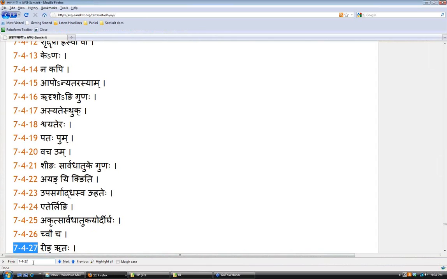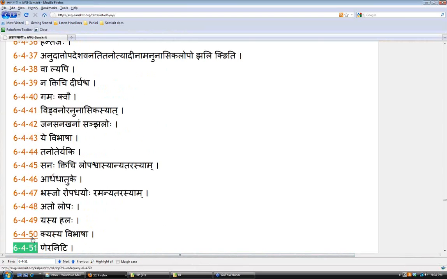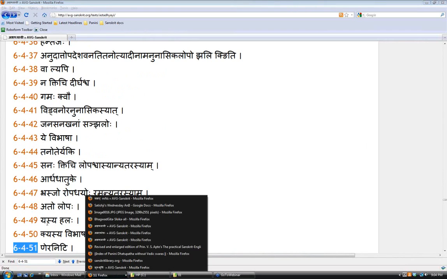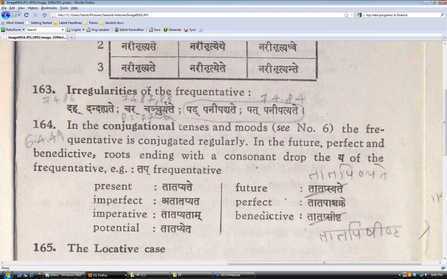Let me see, 6.4, section of Ardha Dhatu. Okay, Yasya Halaha. So look at 6.4.49. For this form given in the book here, Yasya Halaha, because you require that ya lopaha. So put that 6.4.49, right after auto lopaha, which is 6.4.48. 6.4.49 is Yasya.